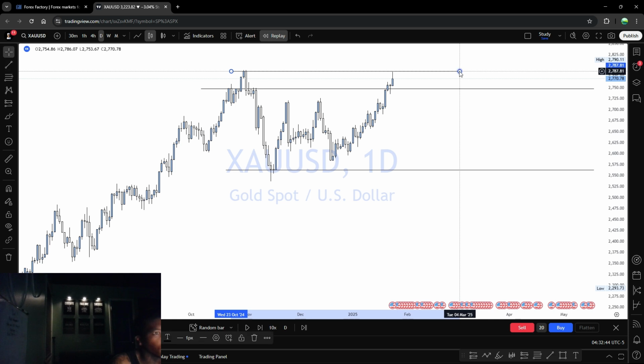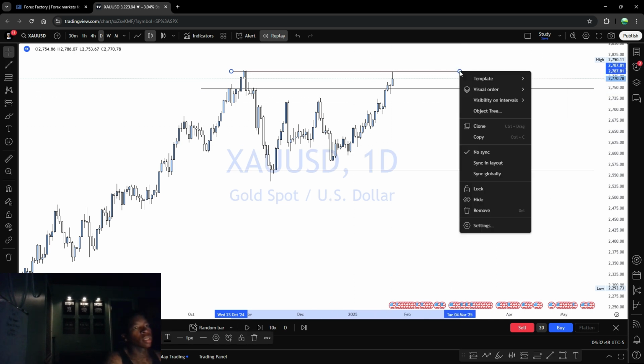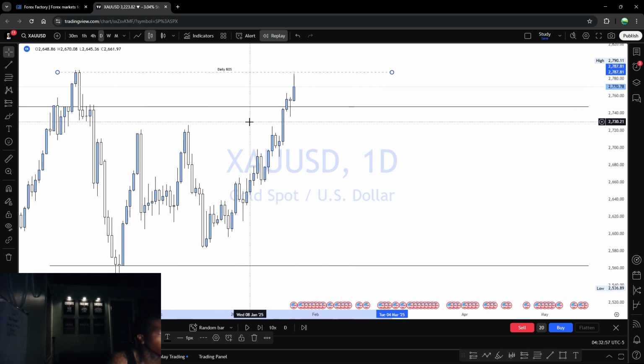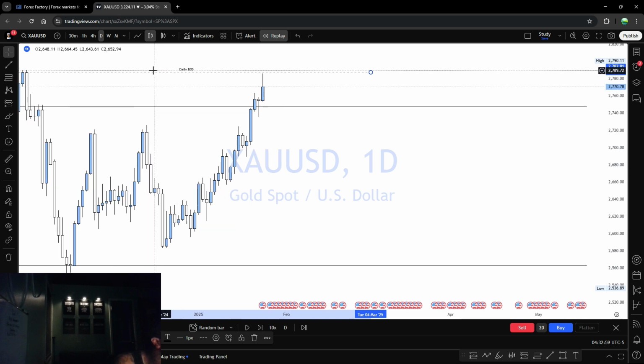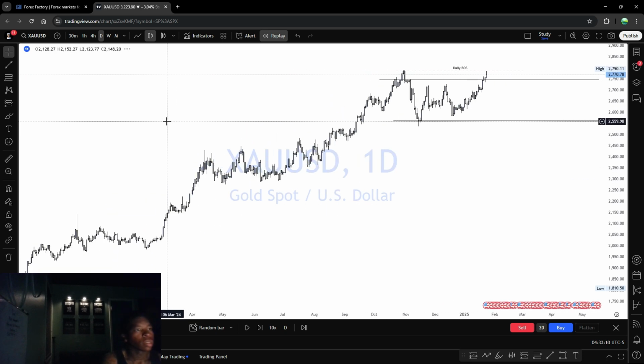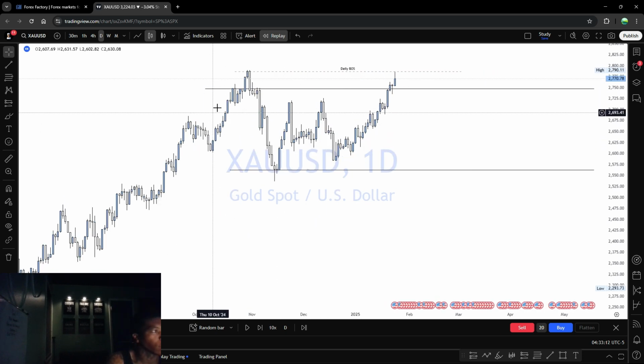This year, daily, daily breaking structure. Price, it's in its range.